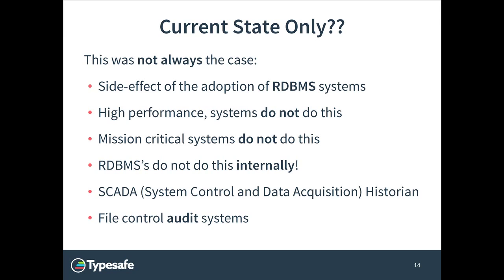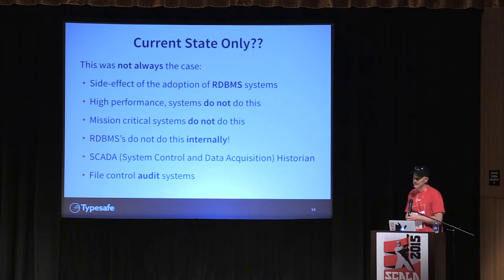This has not always been the case. I believe it's a side effect of RDBMS systems. Interestingly enough, internally they do not do that. High performance systems, mission critical systems, they do not store data in this fashion, relationally, if you will. I come from an energy industry. We use SCADA systems there. The SCADA historian is event source based and actually tracks just deltas.